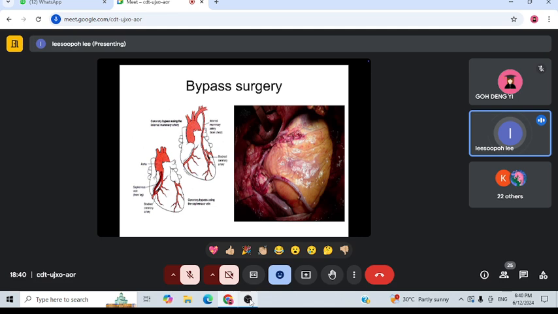Okay, this bypass surgery, if let's say you have a significant narrowing, long segment, cannot do balloon. So bypass means that you graft the vessels from proximal to distal to maintain the perfusion of the distal segment that does not receive blood flow due to the clot.